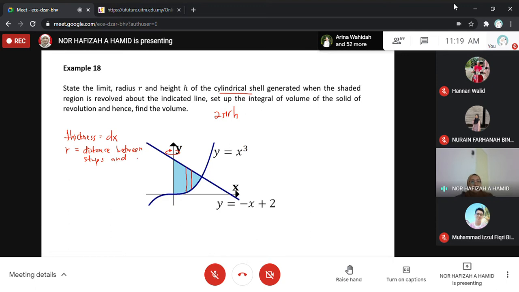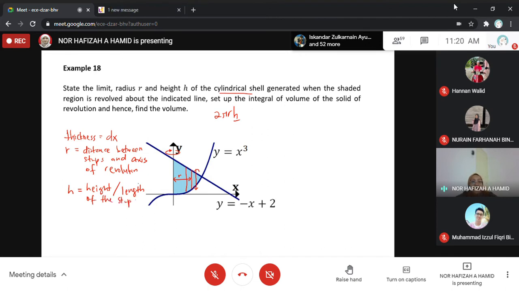So this is your R, between the strip and your axis of revolution. And we have H. So H is also a variable. H refers to the height of the strip, height or length. Height in terms of a cylinder, or you have its length, the length of the strip.